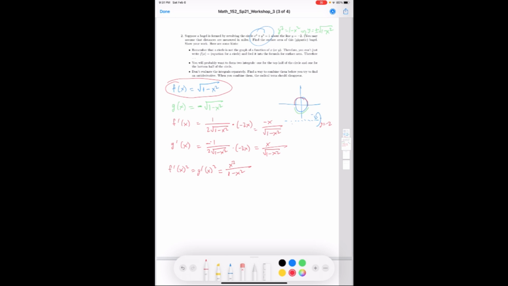The top is going to be the integral from negative 1 to 1 of 2 pi.